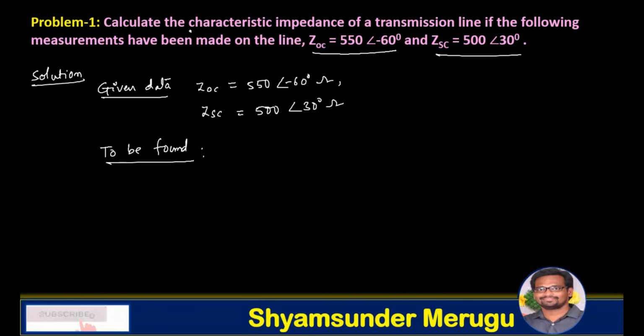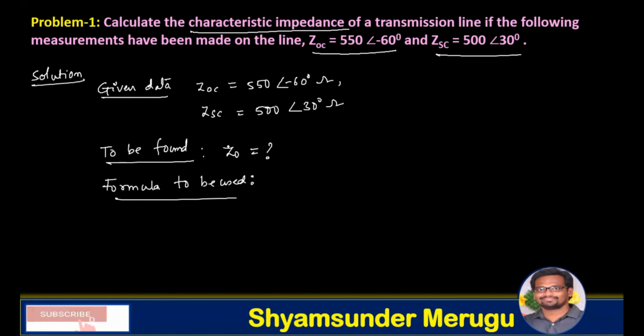We have to calculate the characteristic impedance, so we need to calculate Z0. Then what is the formula to be used? By looking at what is to be found and the given data, we know that Z0 equals the square root of ZSC multiplied by ZOC. We can use this formula.